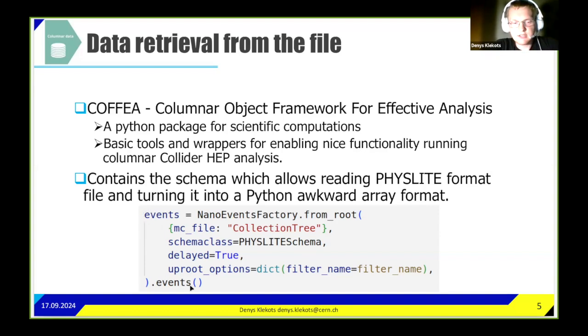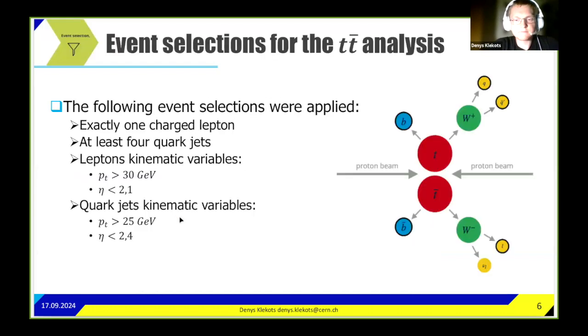Here is a piece of code to show how easily the data is accessed. At the end, it returns events, which is an awkward array containing fields with some properties of events.